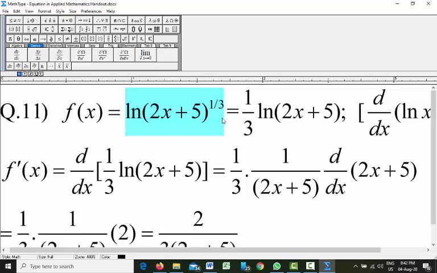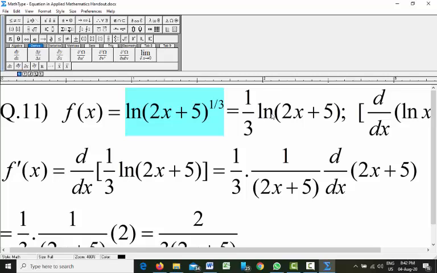If you have a power in front of a logarithm, ln being the natural log, the power needs to come out and move behind the logarithm.